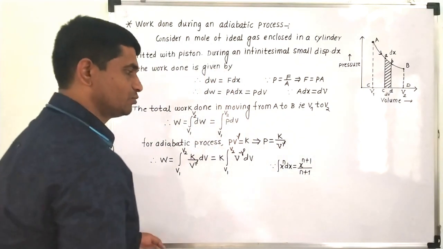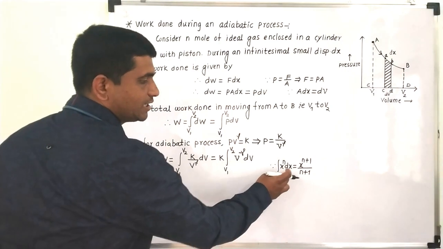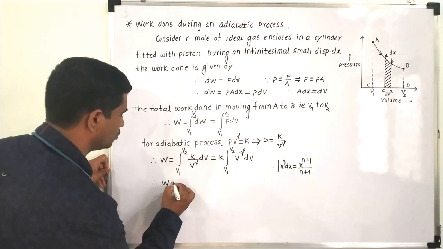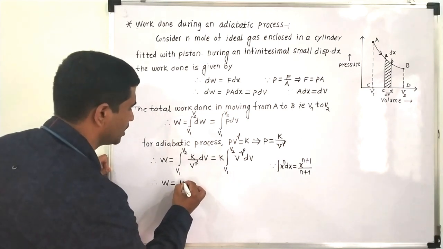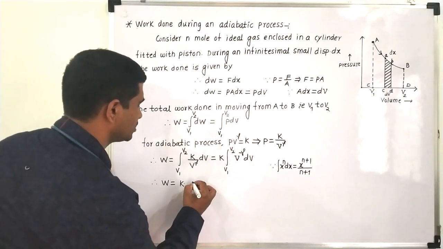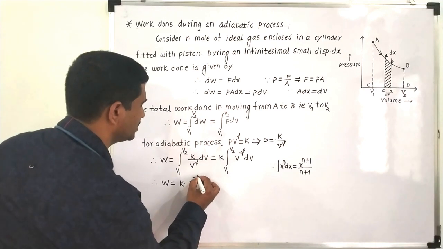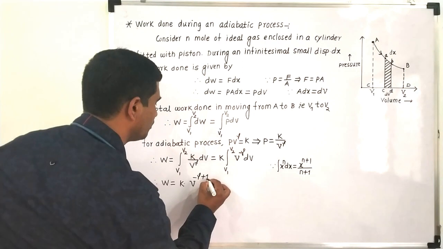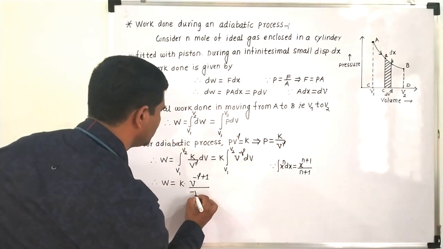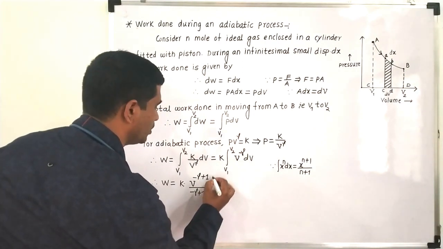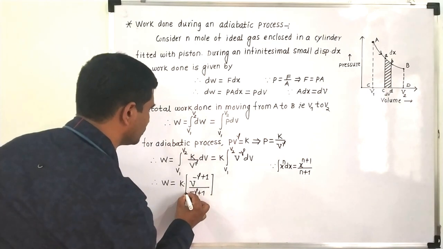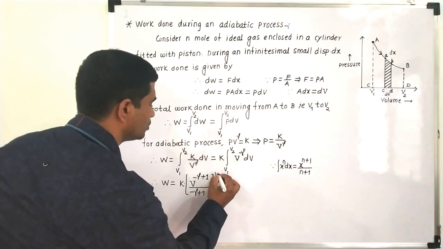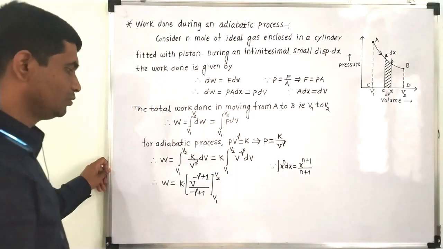If I apply this formula here, W is equal to k into v raised to minus gamma plus 1, since we increase the power by 1, divided by the same number, minus gamma plus 1, with the limits of integration going from v1 to v2.